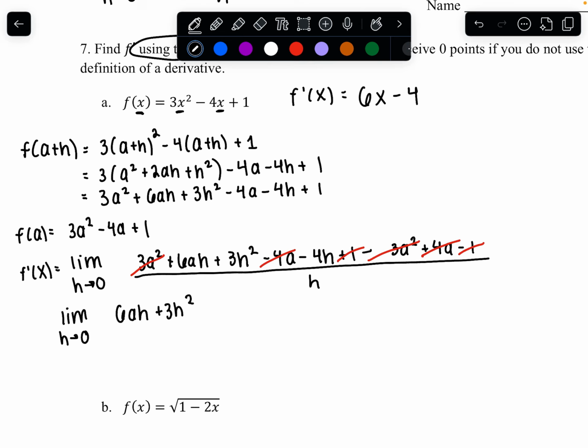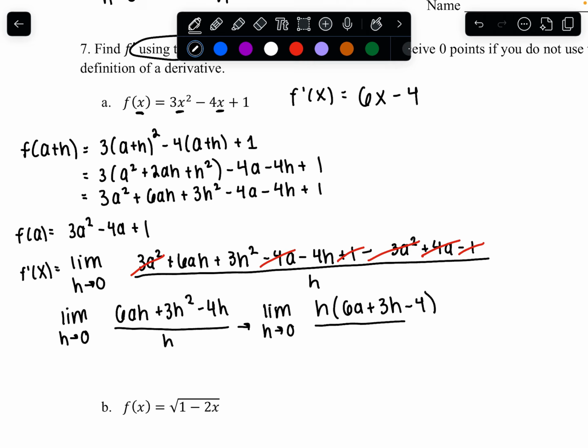Let's see, does it? Oh, it does. So cool. Why does that matter, you ask? Well, because now we can factor the h out of the numerator because everything has at least one h. So we're left with 6a plus 3h minus 4.